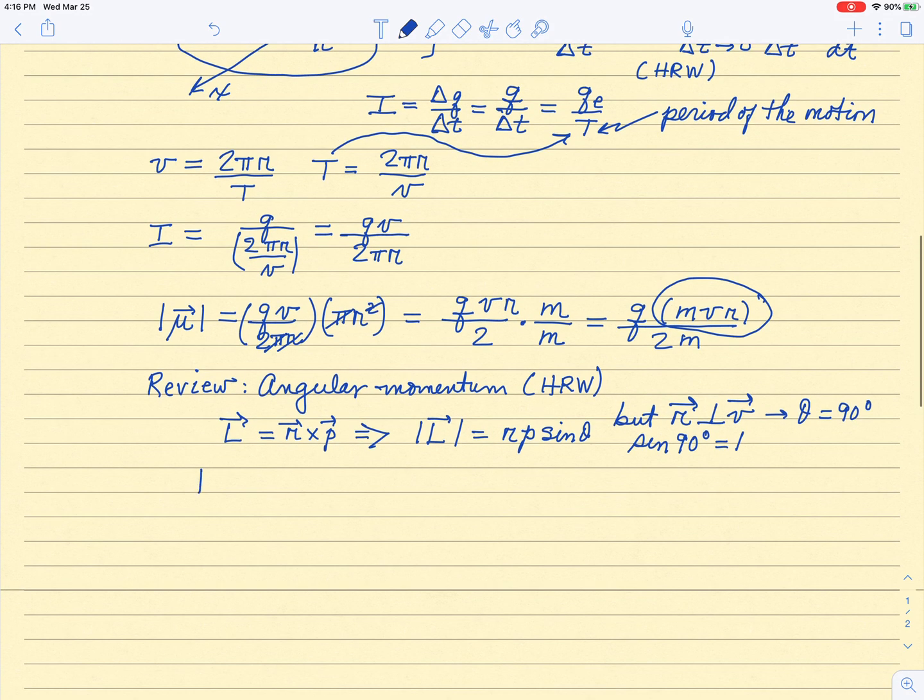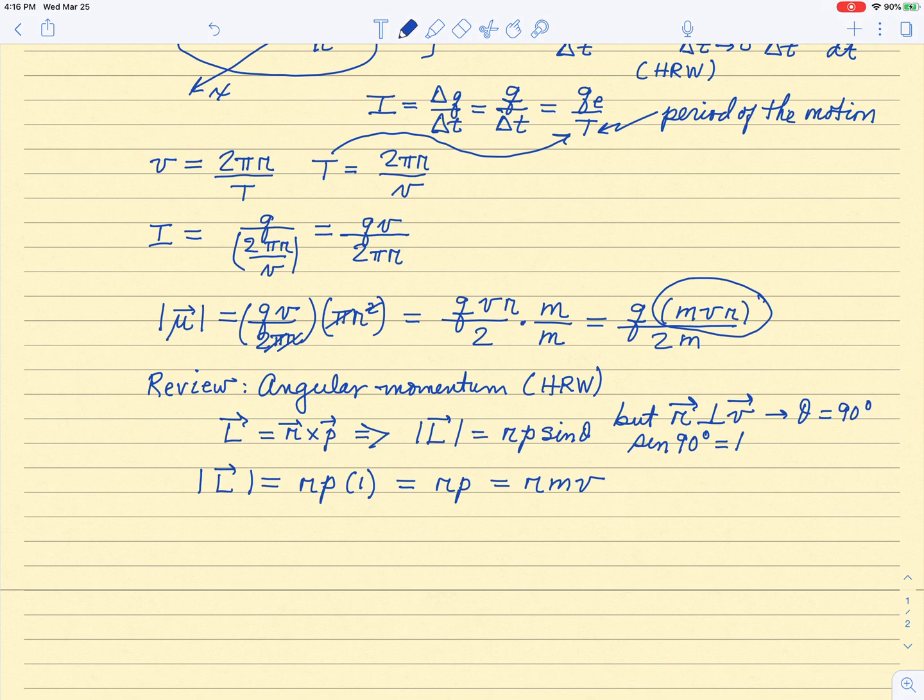And so the magnitude of the angular momentum is rp times 1, which is rp, which is equal to rmv.